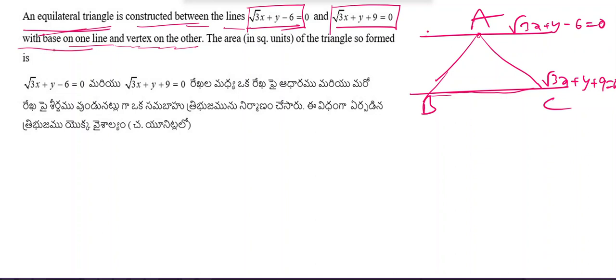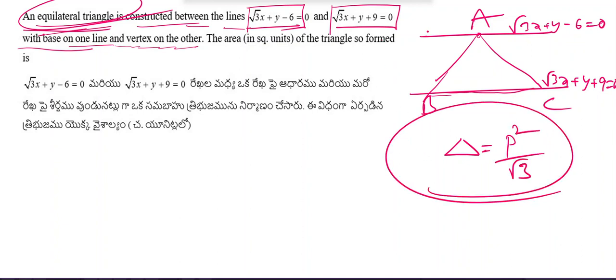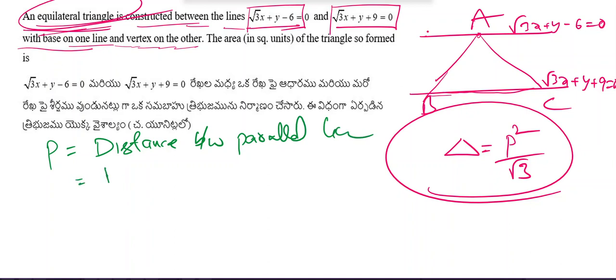So here an equilateral triangle is constructed between these two lines. So the area of the equilateral triangle delta is equal to, for parallel lines, the formula is p square by root 3. This is the shortcut formula. P means the distance between the two parallel lines. We know the formula modulus of c1 minus c2 by square root of a square plus b square.